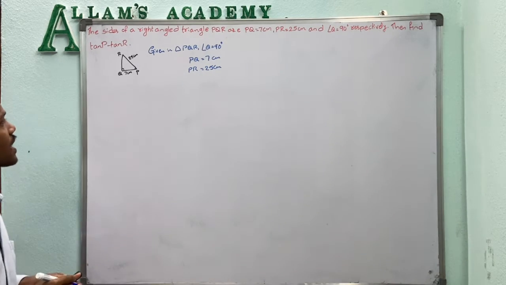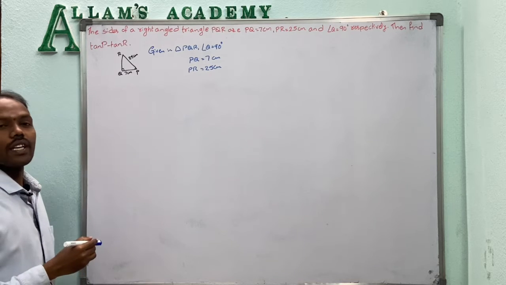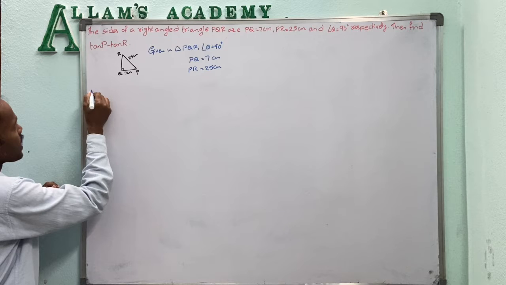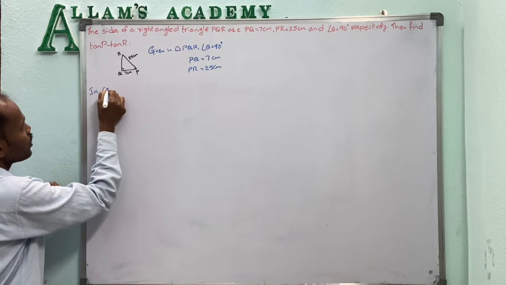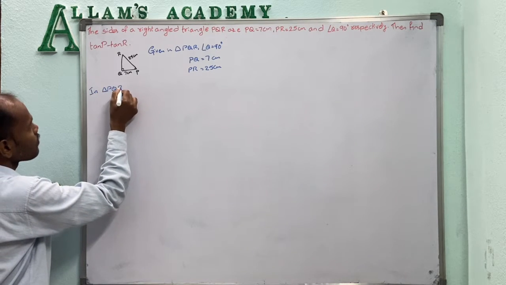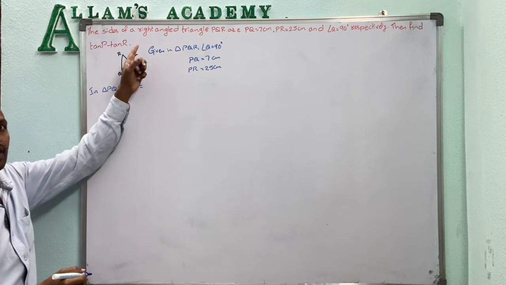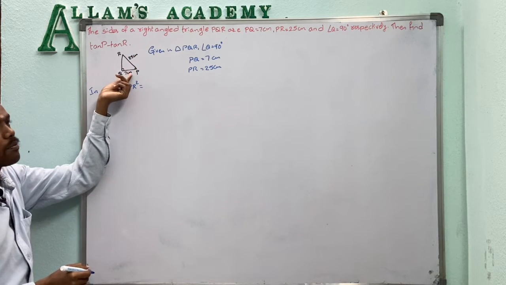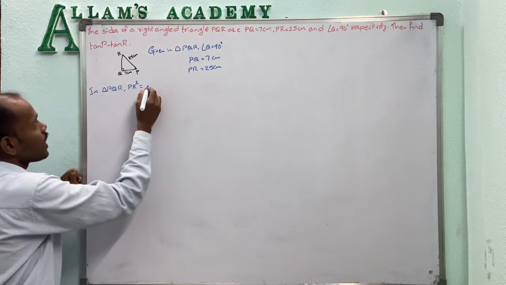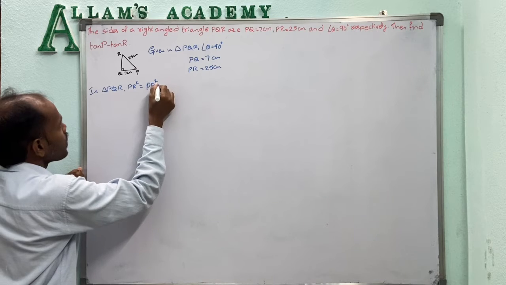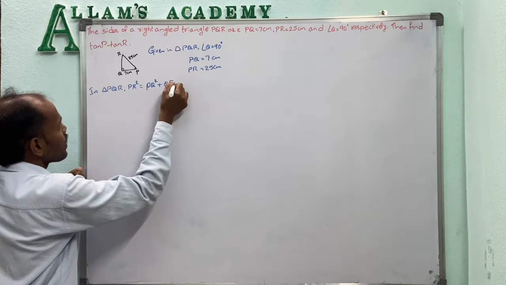So it is a right angle triangle, and we can apply Pythagoras theorem. By Pythagoras theorem, in triangle PQR, PR square, hypotenuse square, equal to the base square PQ square plus height QR square.